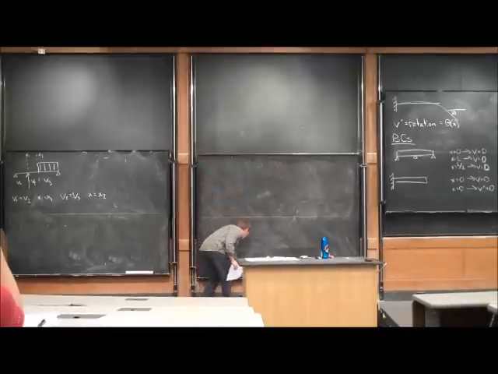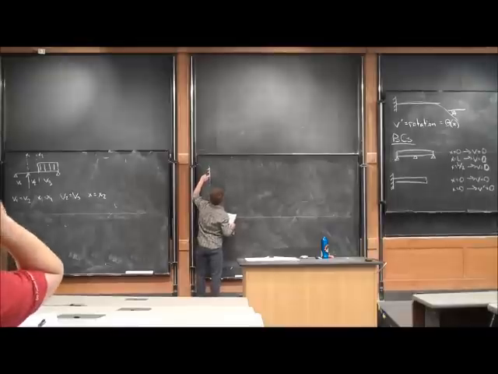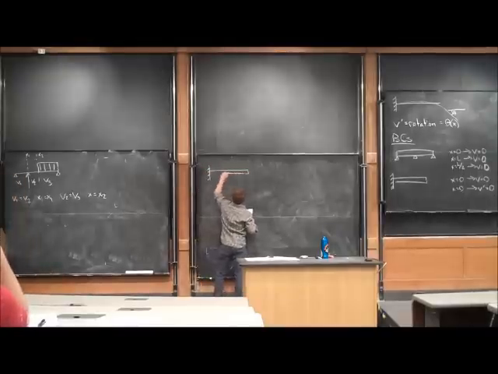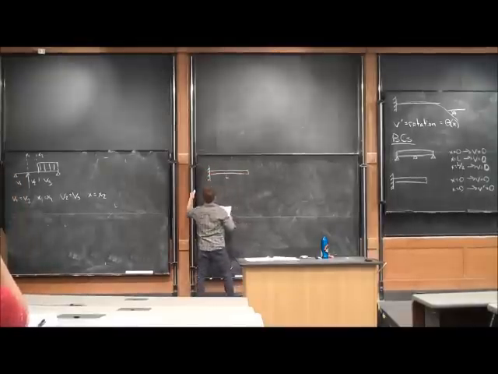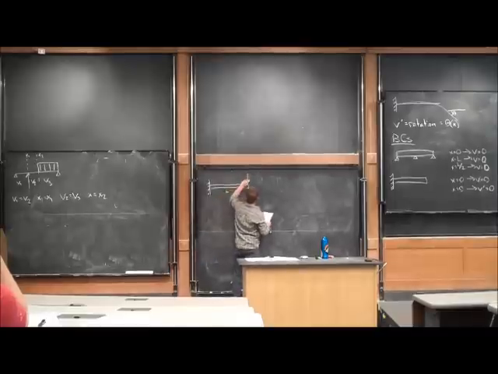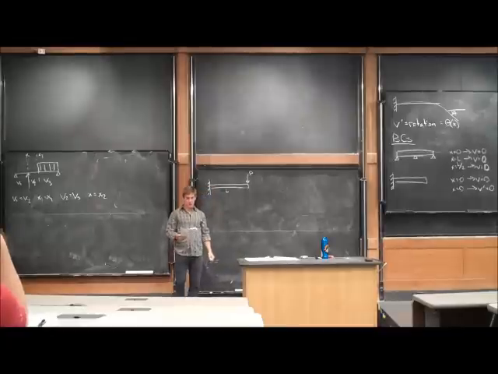Let's say we have a cantilever beam of length L with a point load acting on the tip of that beam. What is the deflection in that beam going to look like?